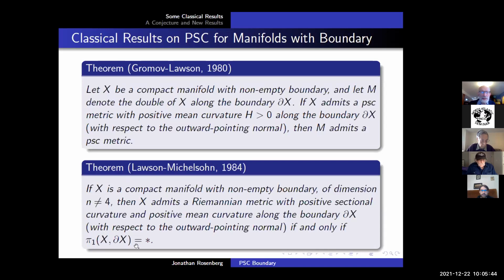In that case, this hypothesis is satisfied. Then Lawson-Michelson says you have a metric of positive scalar curvature, in fact, positive sectional curvature, and with positive mean curvature along the boundary. And then applying Gromov-Lawson, you get positive scalar curvature on the double.